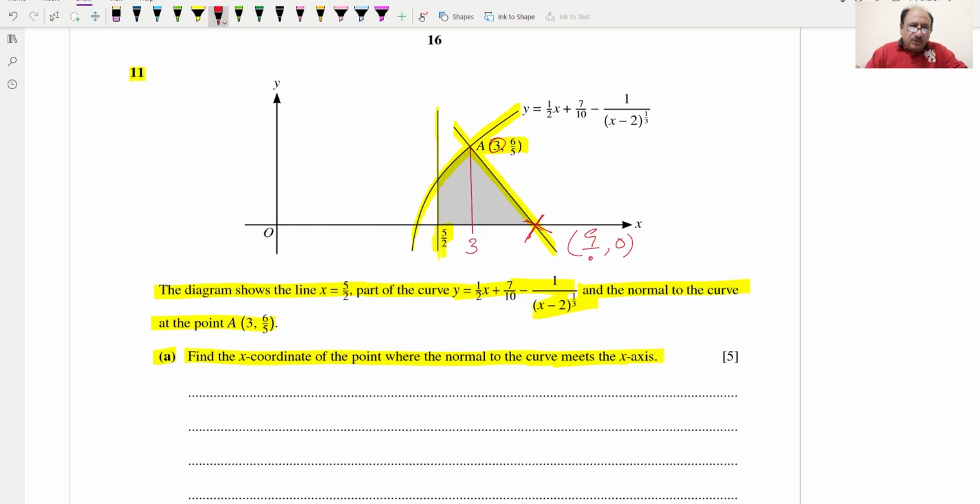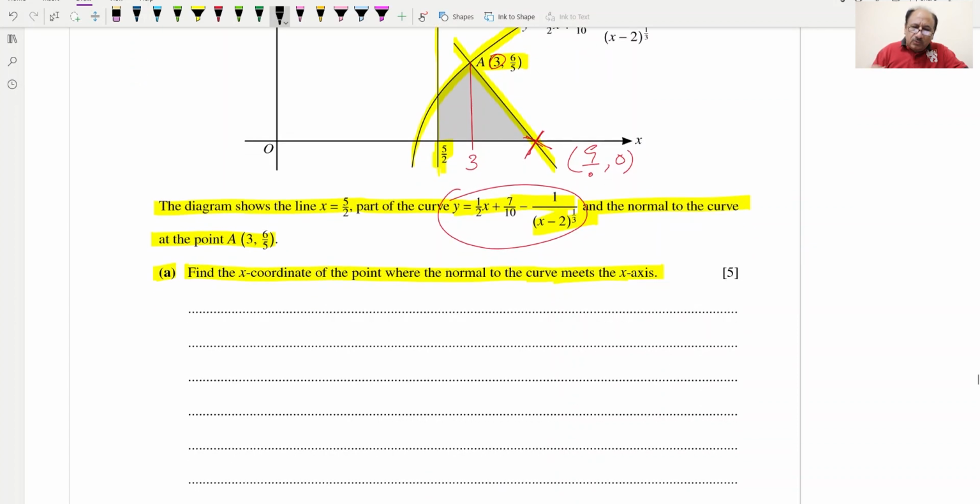We know this one. Now what we can do is rewrite the given equation and take the derivative of it. We can rewrite y is equal to 1 by 2x plus 7 by 10 minus x minus 2 raised to the minus 1 by 3, and now we can take the derivative dy over dx.